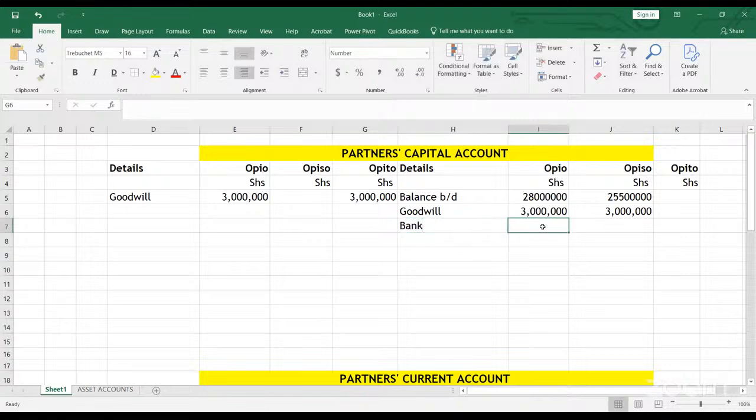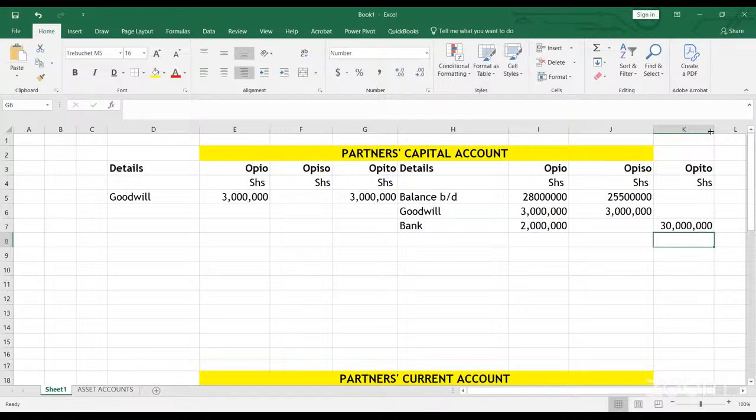Opito added 2 million. Then Opito introduced 30 million.